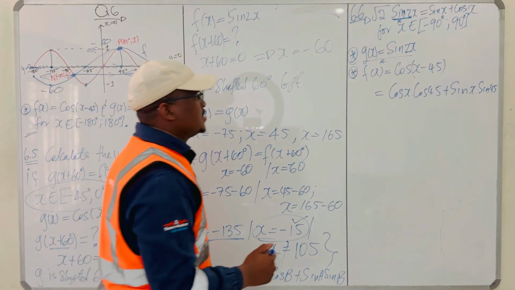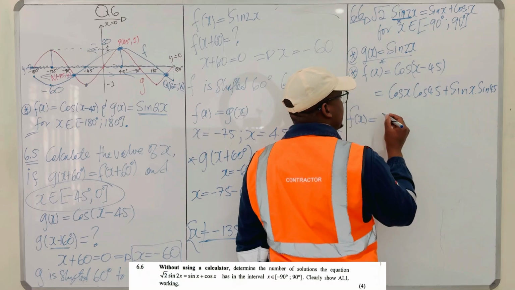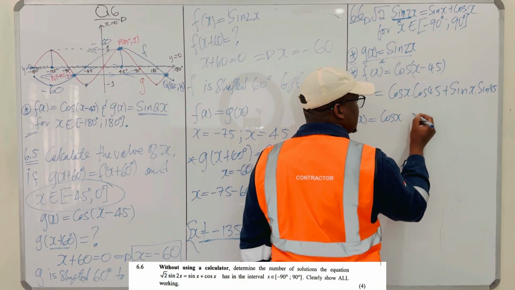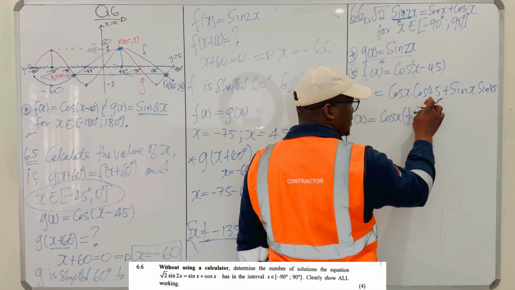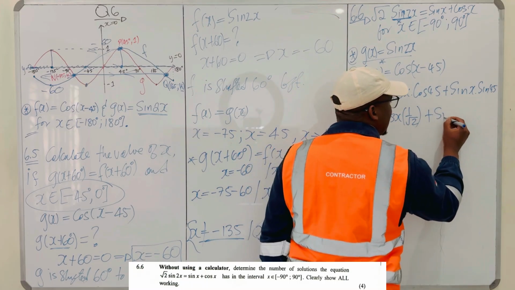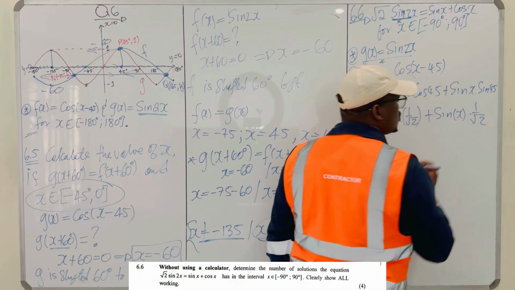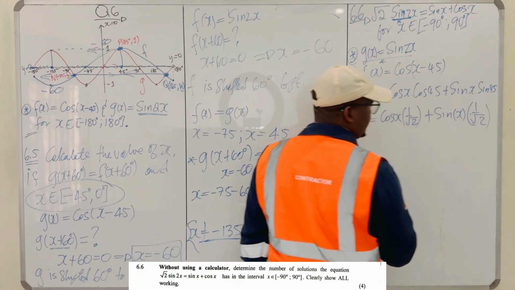I applied that, and if you continue, you find that your f of x is equal to cos x times this. What is this? This is 1 over root 2. This is a special angle. Plus sine x times 1 over root 2. That's what you have here.